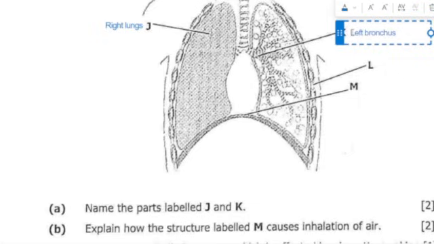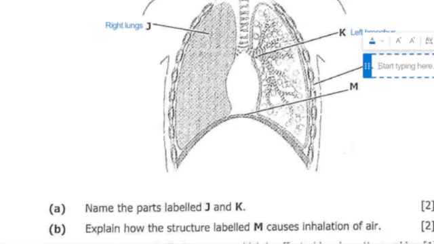Okay, left bronchus. Then we have got L, that is intercostal muscles. Those are intercostal muscles.